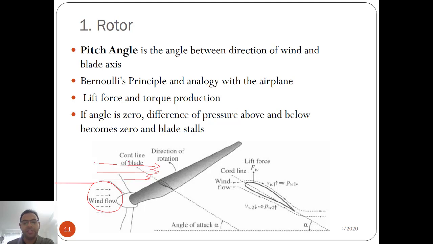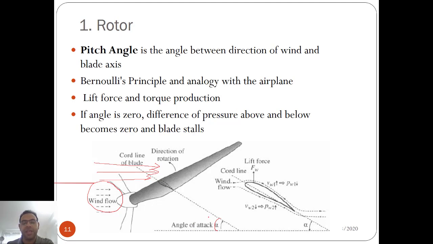Here you can see this is the chord line of the blade, and this is the axis of the blades. And then the angle between wind flow and this axis is called the angle of attack or pitch angle. I can change this angle.